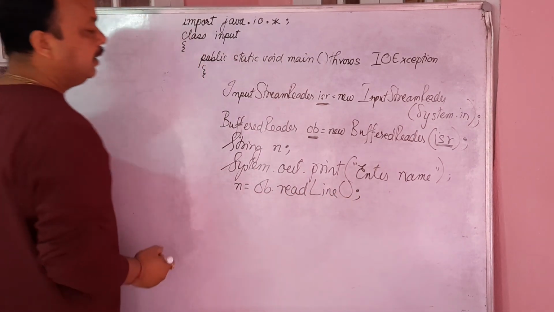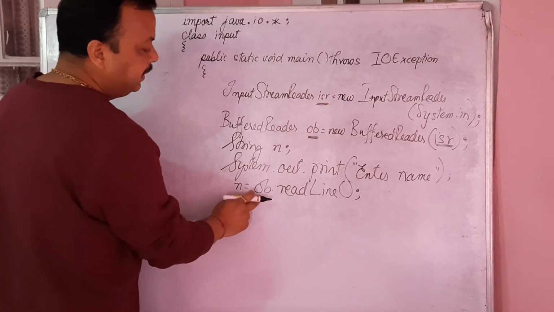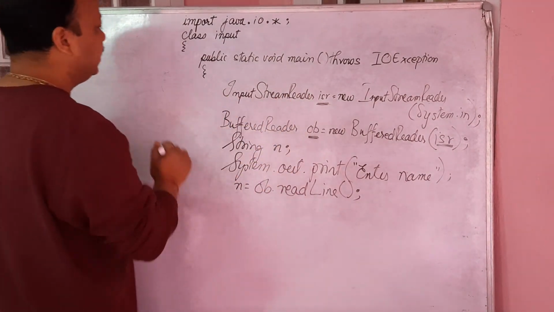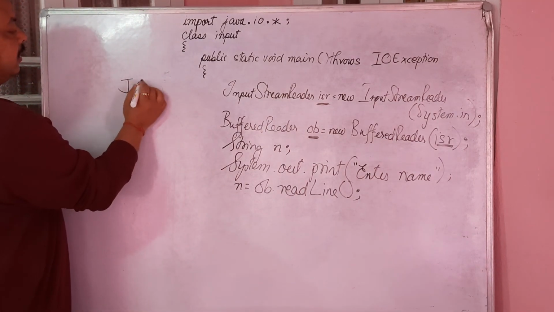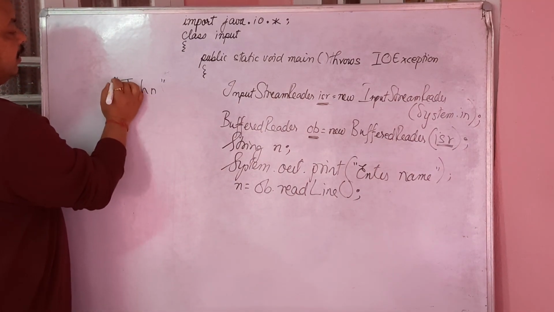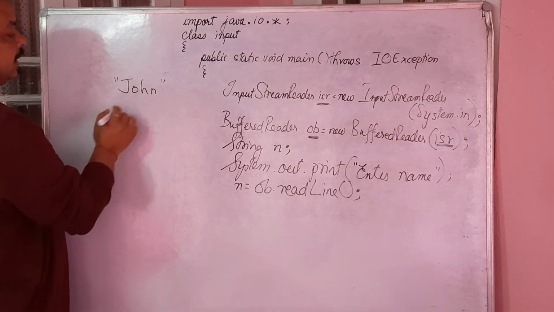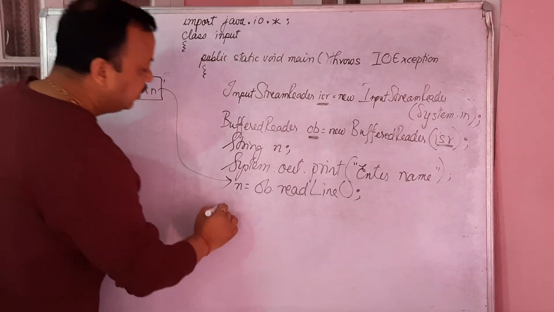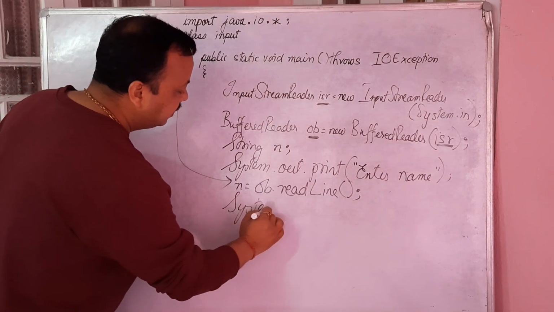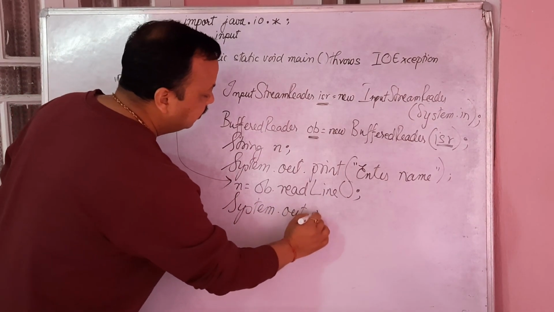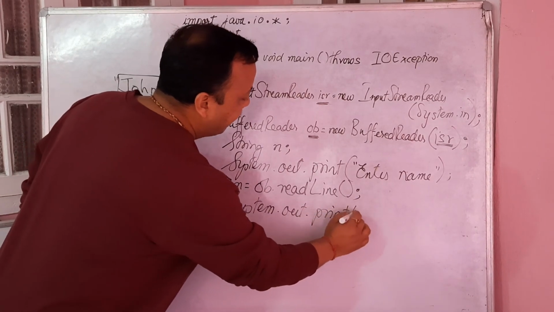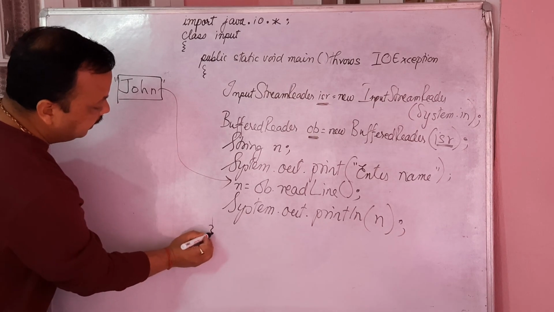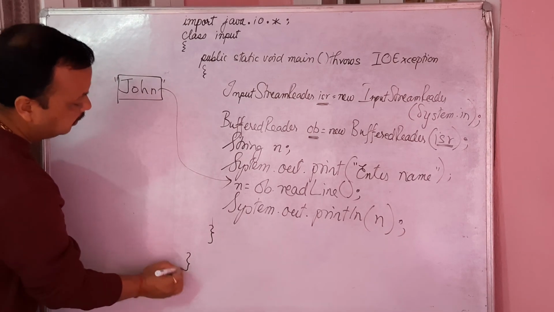So this will directly assign whatever ob has read from the string that has been sent as an input, which is, for example, you write John. So this is a string of characters. So the entire thing is being assigned to whom? N. So we just print after that System.out.print N. So don't forget, exactly below this you close.